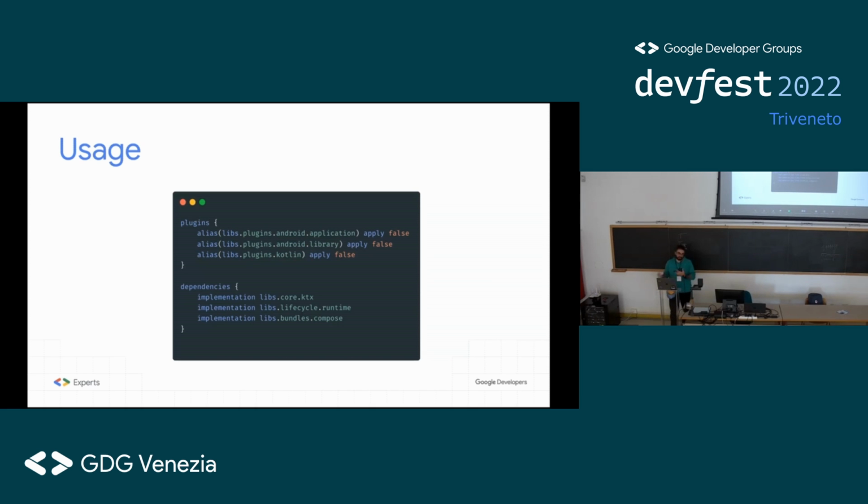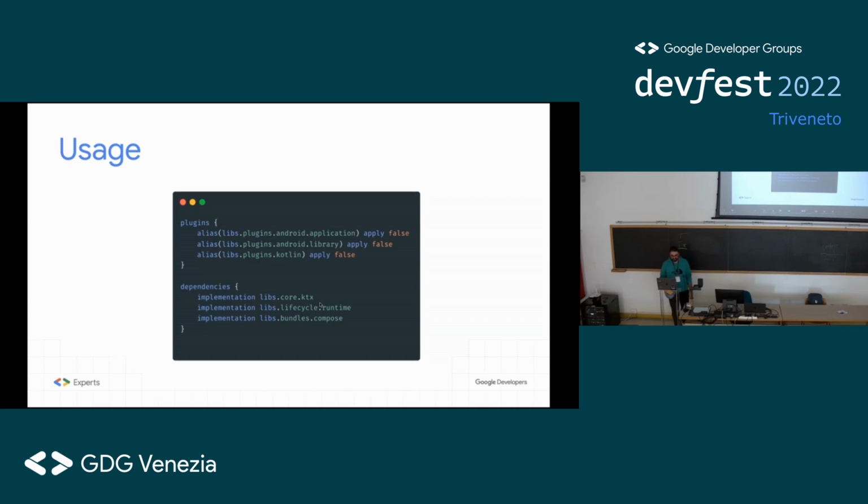So you have this libs.versions.toml, the libs.plugins block, android application. Very easy. In the future, Android Studio should provide autocomplete, and this will be very trivial to set up, but for now you have to type it manually.